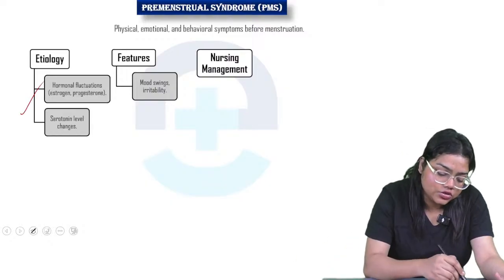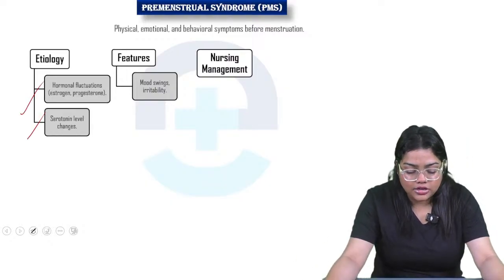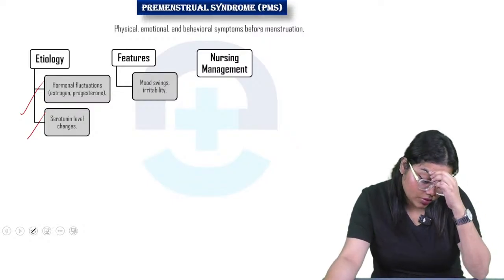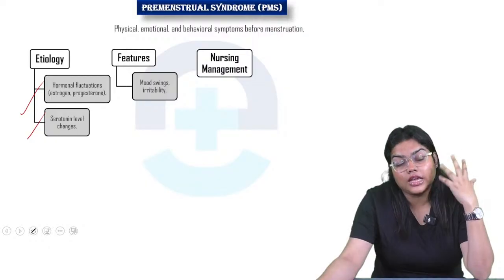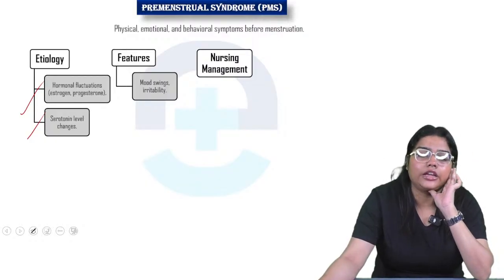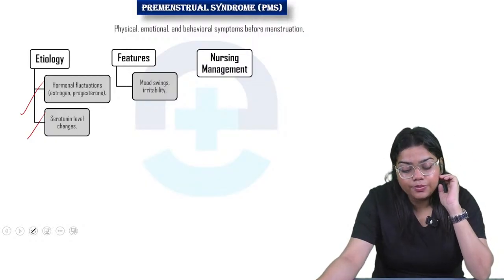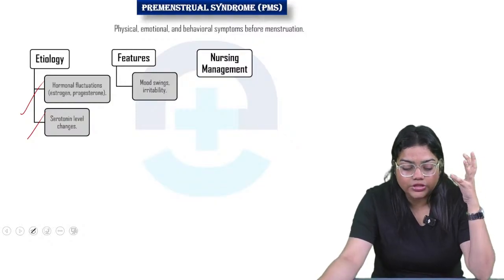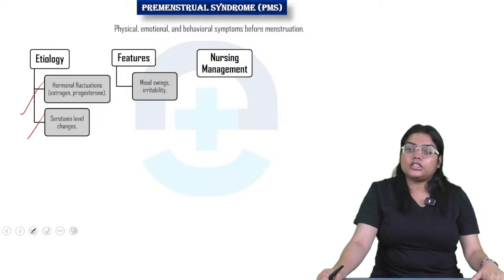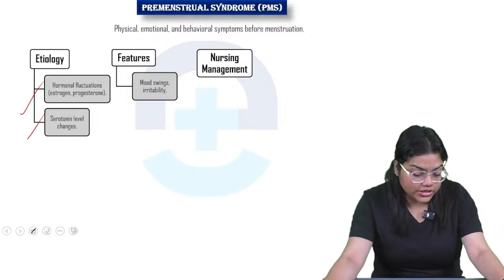So when these hormones change their level of production, or they are produced in excessive amounts during childhood, then before having the menstruation, the child will have the physical, emotional and behavioral symptoms of the menstruation.